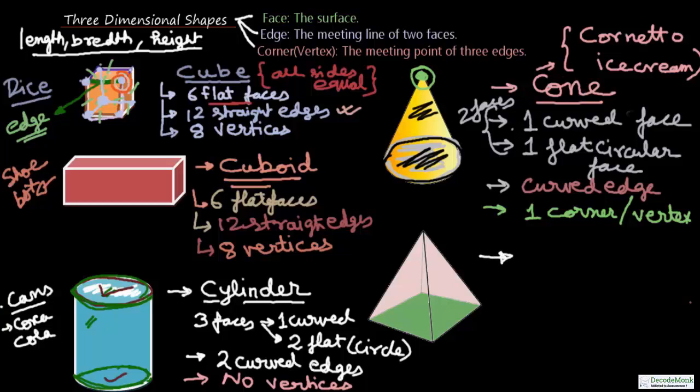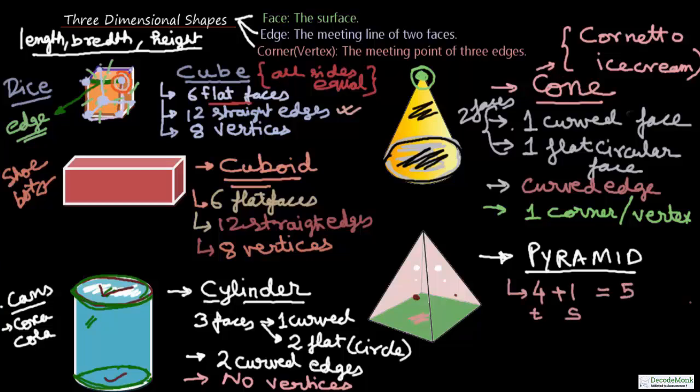The next shape you see is that of a pyramid. This pyramid is made of triangular shapes and a square shape. There are 2 on the front and 2 on the back side, triangular faces. So a pyramid has got 4 triangular faces and one square face on the bottom. So we have got 4 plus 1, 5 faces.